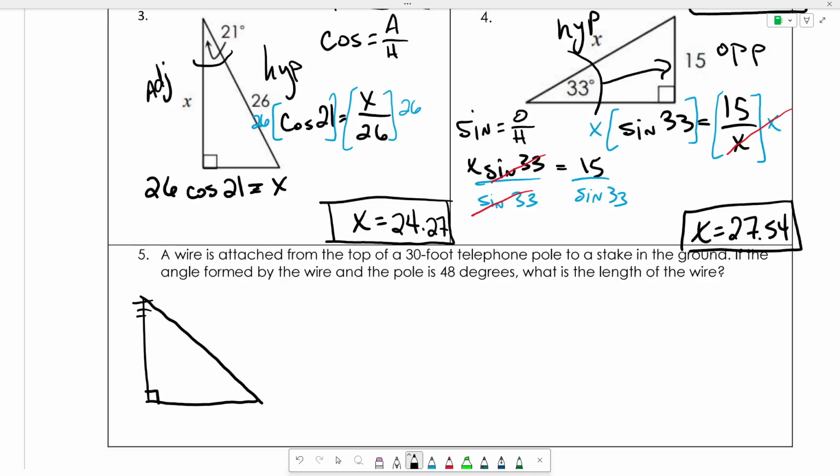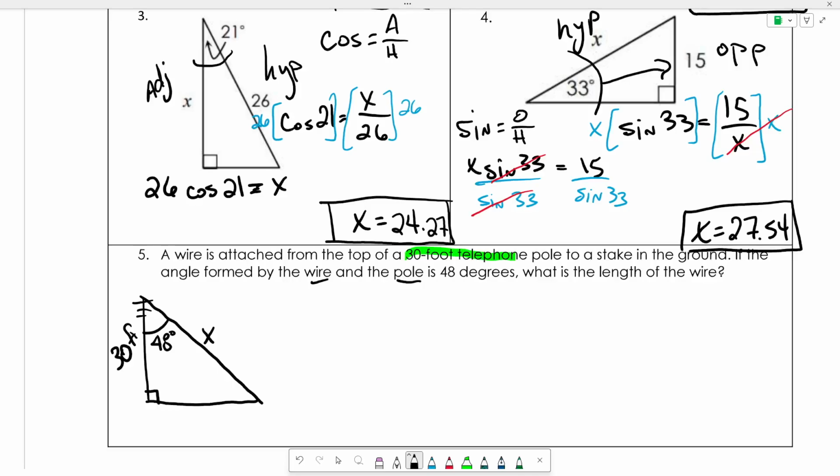Now they tell me that the telephone pole is 30 feet, so I can label that 30 feet. Then it tells me the angle formed by the wire and the pole is 48 degrees. That's this angle right here. How long is my wire? The wire is our hypotenuse. That's the piece I need.